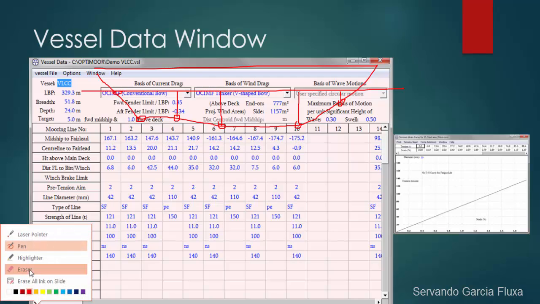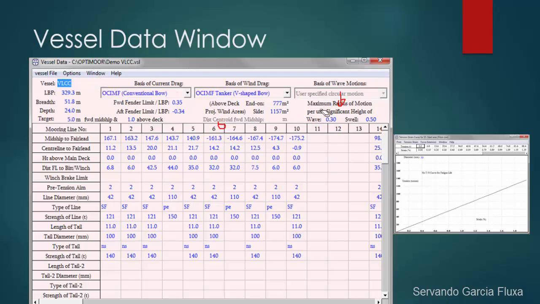Again, sorry for the explanation and for this. Then, what OPTIMOOR asks you at the next number is what is the area above the deck and what is the area on the side of the vessel.